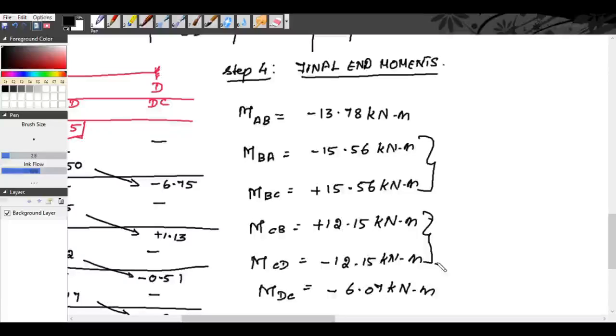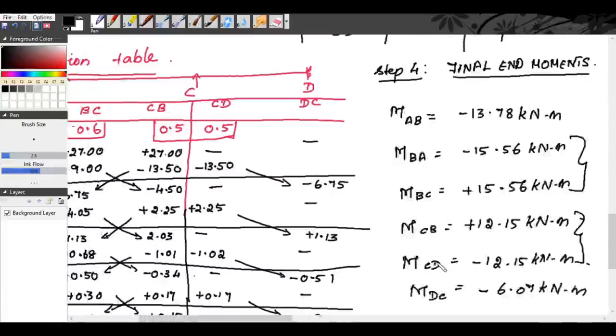Now we will draw the bending moment diagram. So here for drawing the bending moment diagram there is no need of finding the simple beam moments. The reason is there is no external loadings. Because there is no external loadings, there is no need of determining the simple beam moments.